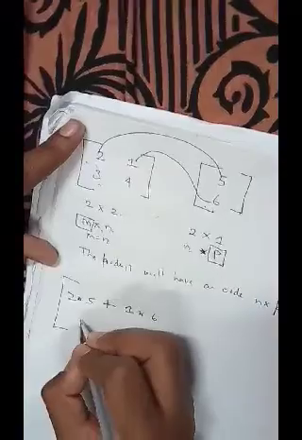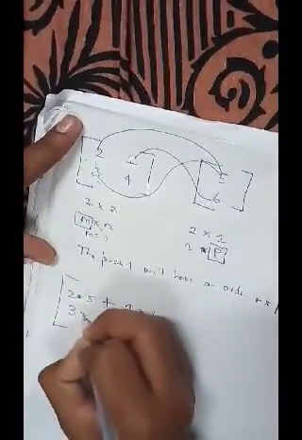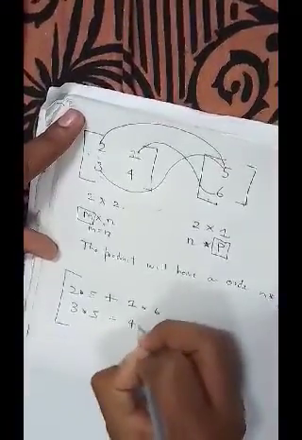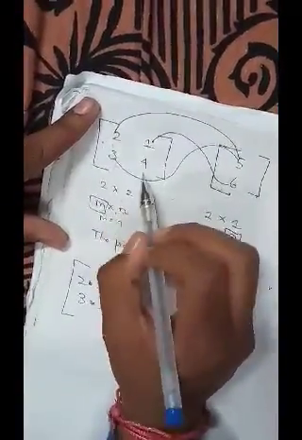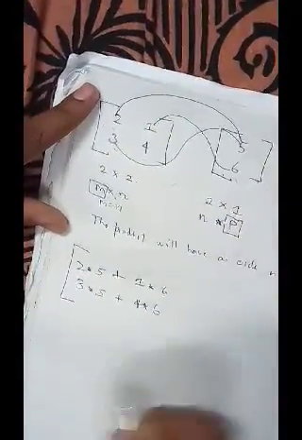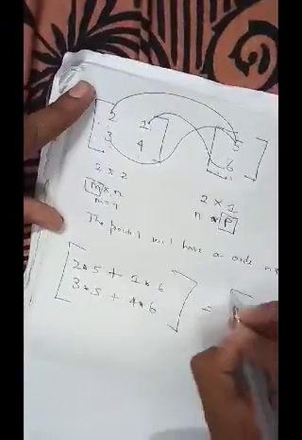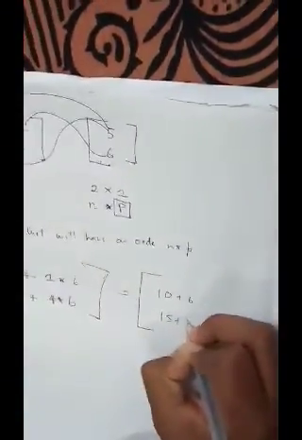And for the second row, you have to multiply with the column again. So it will be 3 into 5 plus 4 into 6, the second element in the second row with the second element in the column in the second matrix. So this will be the final product. 10 plus 6, 15 plus 24.